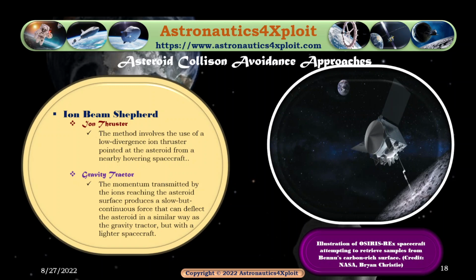The momentum transmitted by the ions reaching the asteroid surface produces a slow but continuous force which can deflect the asteroid in a manner similar to the gravity tractor but with a lighter spacecraft. This picture shows an illustration of the OSIRIS spacecraft attempting to retrieve samples from asteroid Bennu.